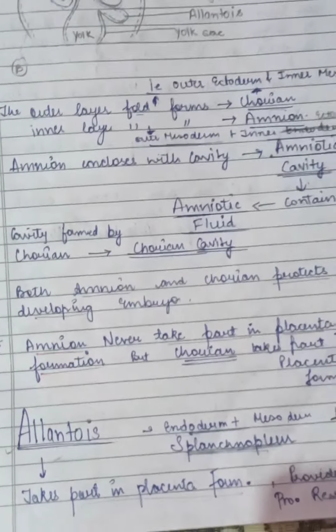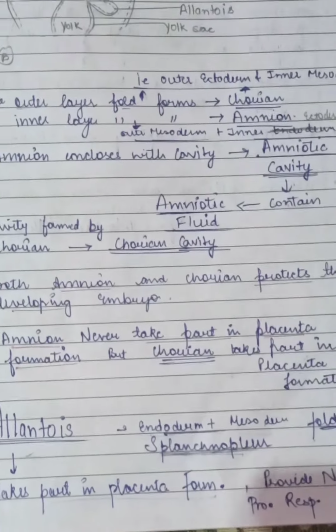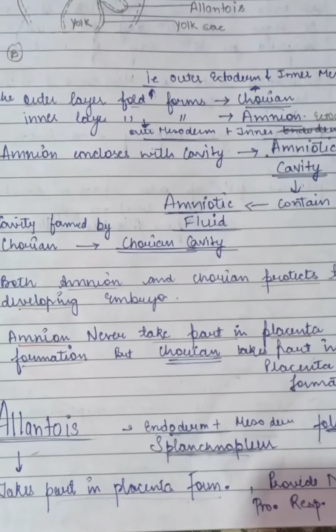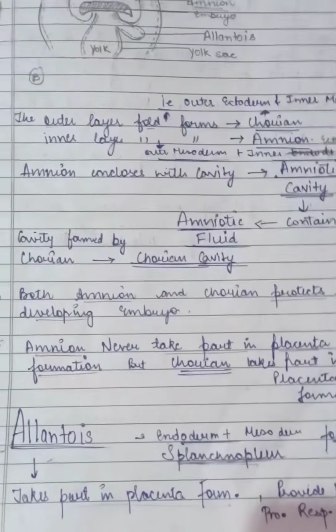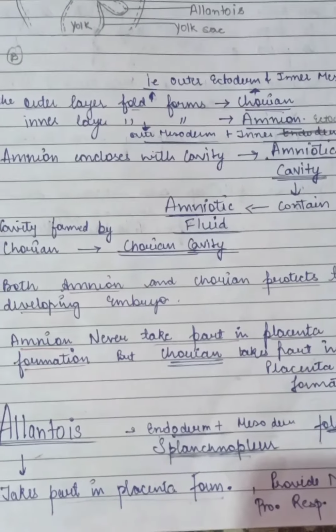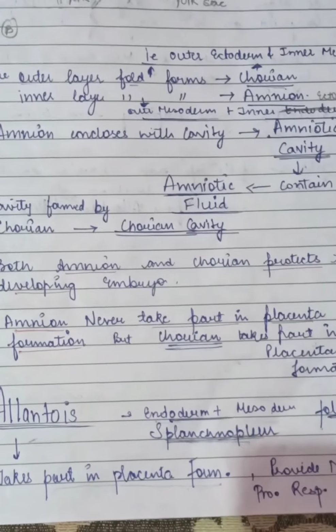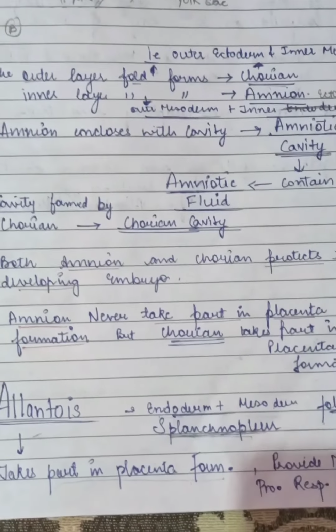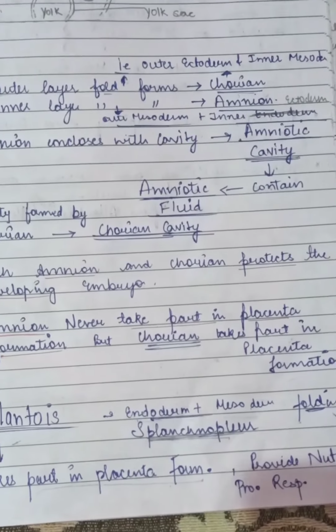Amnion never takes part in placenta formation, but chorion takes part in placenta formation. It may be asked which extraembryonic membrane takes part in the development of the placenta. The amnion never takes part, but the chorion does. And how is the allantois formed?